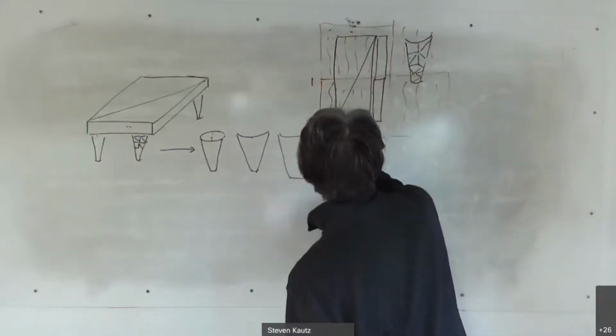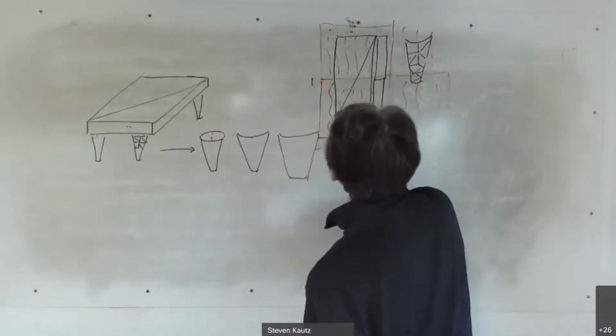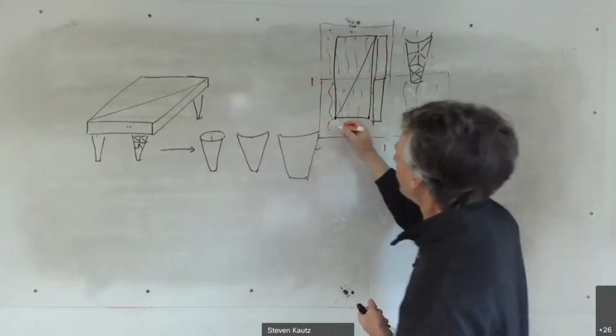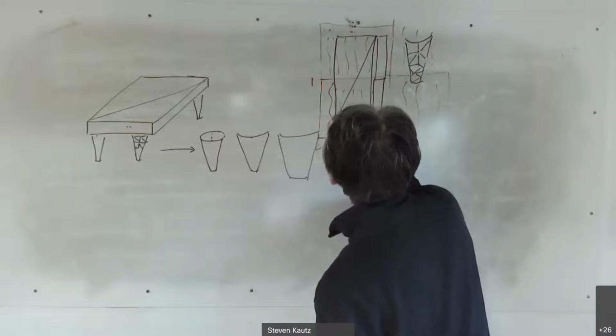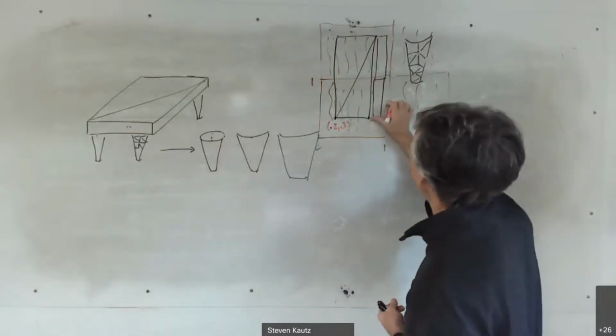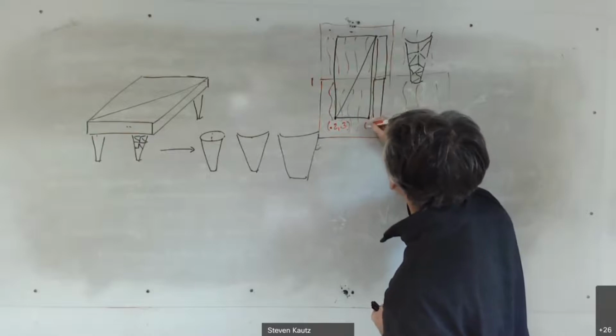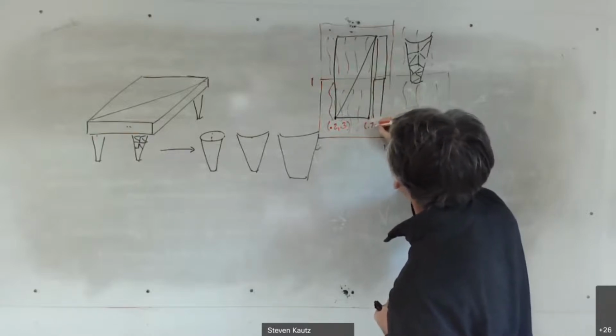Right? So let's say that this point is at 0.2, 0.3. I'm just making something up. And maybe this one is at 0.7, 0.3.